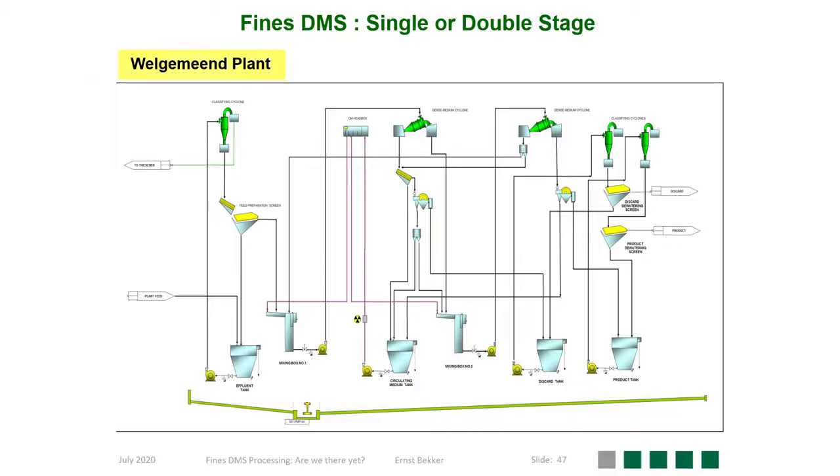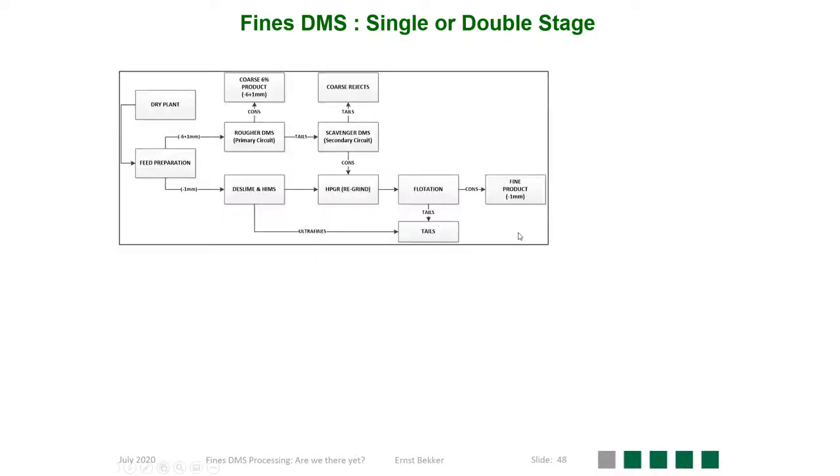Then there's a question of single versus double stage dense media separation. The Welgemeen plant, which is the operational plant here in South Africa, utilizes a two-stage dense media process. On lithium, the standard was using a two-stage process, where you've got a rougher DMS treating 6 by 1 mm material, and then the tails went to a scavenger DMS, which will then reprocess some of the material.